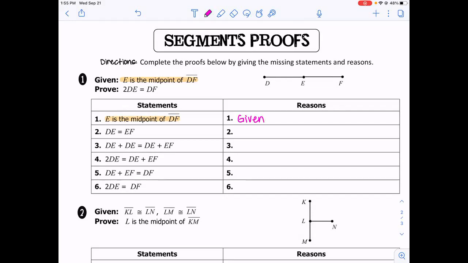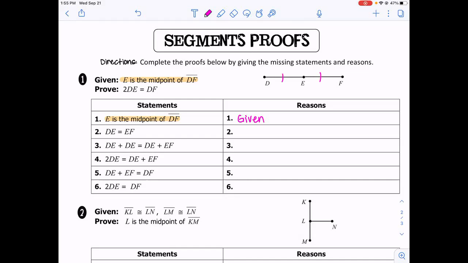Now, the next thing, because E is the midpoint of DF, we know it splits it up into 2 equal pieces. So we can write that the measure of DE is equal to the measure of EF. What would be our reason? Tyler, what is our reason?